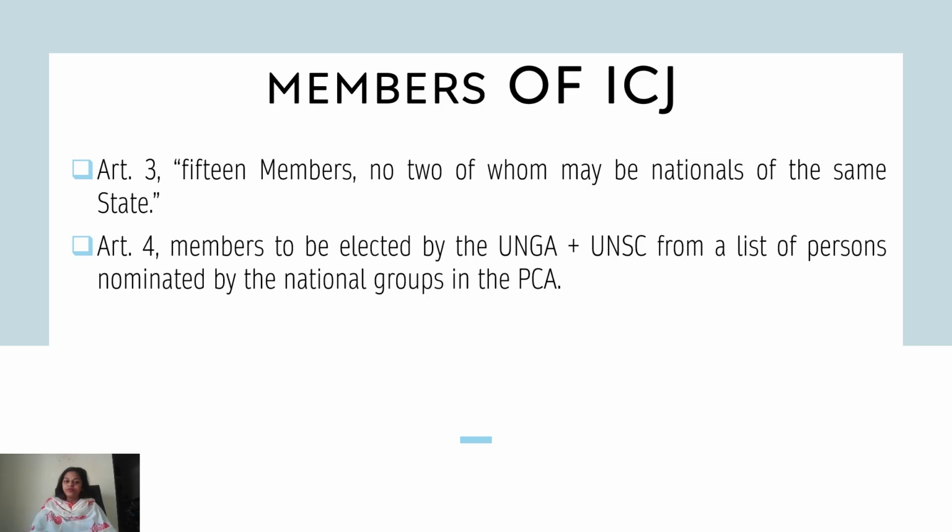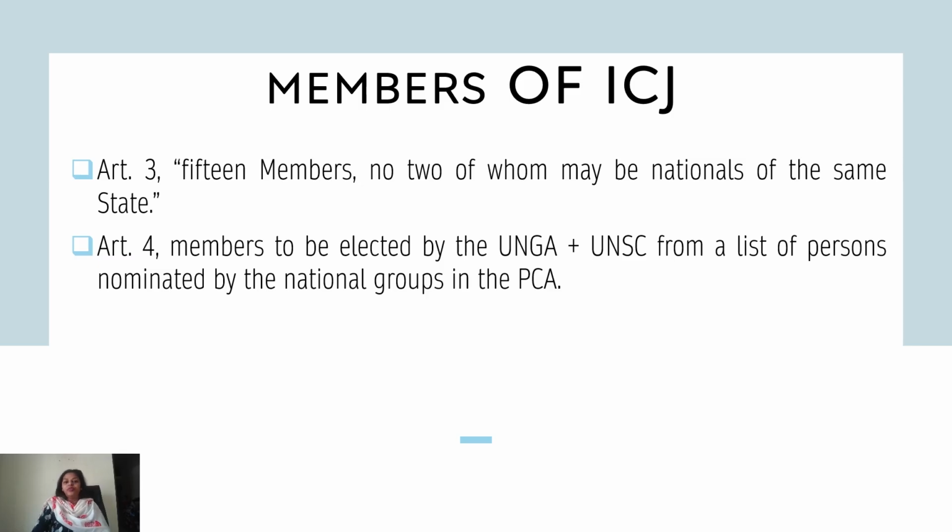So the national groups nominate their legal experts to the Permanent Court of Arbitration, and from this Permanent Court of Arbitration's list, it is the United Nations General Assembly and the Security Council that they, from this list, draw certain members which are candidates for election to be elected as the members of International Court of Justice.